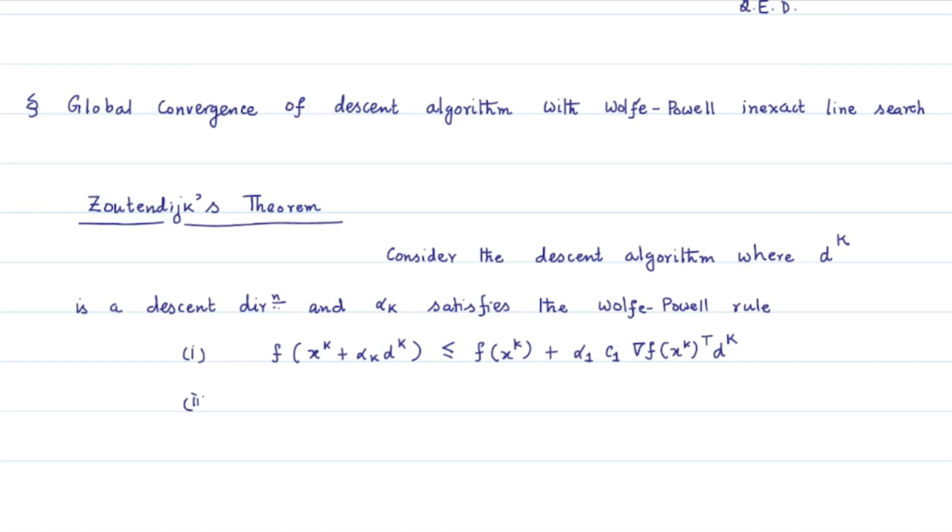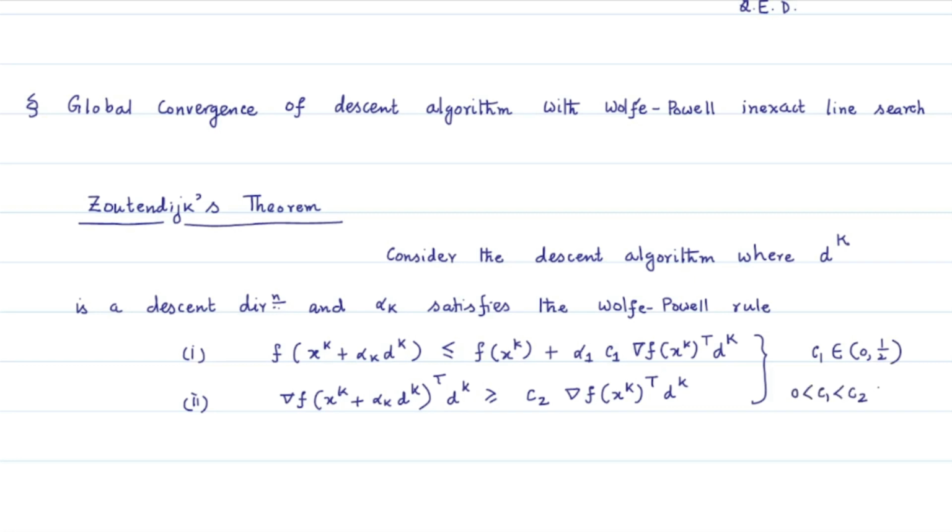And the curvature condition, which gives us gradient of f at xk plus alpha k dk transpose dk is greater than or equal to some constant c2 times grad f xk transpose dk, where c2 is a quantity in between c1 and 1. Here c1 is lying in between 0 and half, and c2 satisfies this inequality.